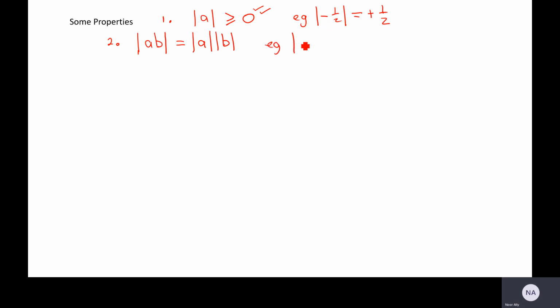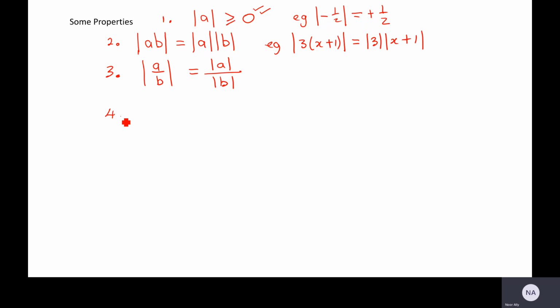Let's say I give you the absolute value of 3 times x plus 1. That can be split up into the absolute value of 3 multiplied by the absolute value of x plus 1. And of course, that can be extended to division as well. The absolute value of A over B, I can split into the absolute value of A divided by the absolute value of B. I don't think there's need to give an example over there.